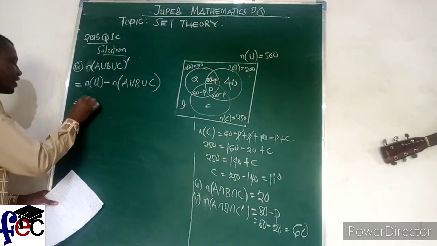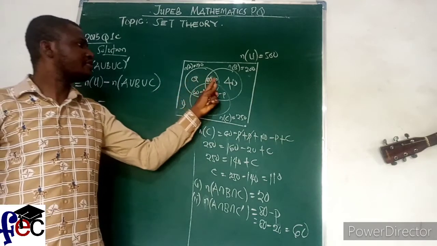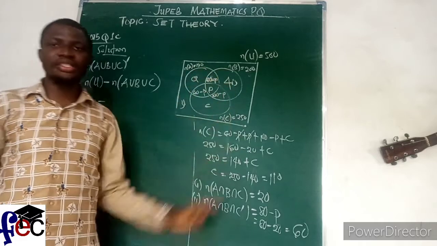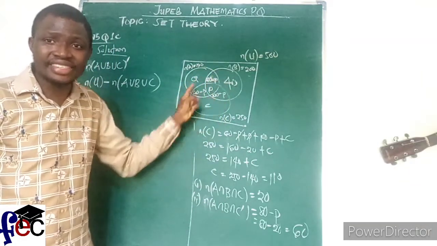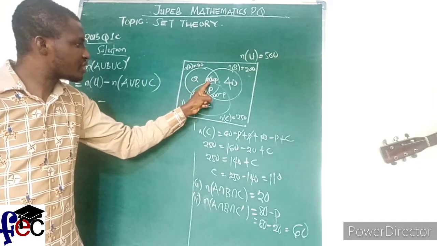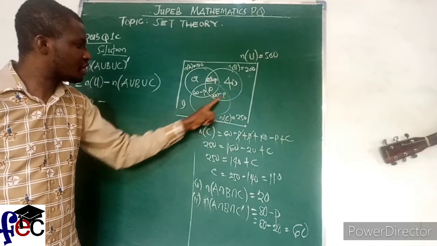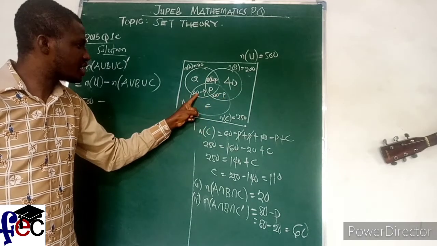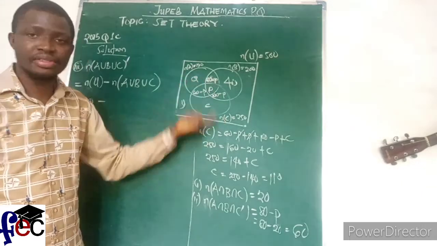It is 500 minus the cardinality of the union of these three subsets. That means you will add up everything inside this circle: A plus 80 minus P plus 40 plus 100 minus P plus C plus 60 minus P plus P. Or better still, put their values.